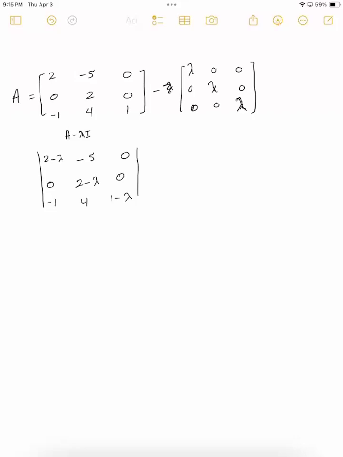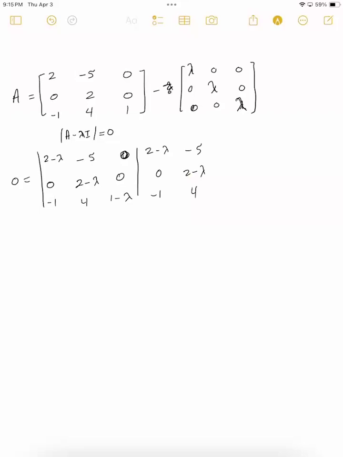So we want to evaluate this. We want to find the lambda that makes this determinant equal to 0. So that's what we are trying to do. One way to evaluate this determinant is, I can just write it here, 2 minus lambda, 0, negative 1, negative 5, 2 minus lambda, 4.